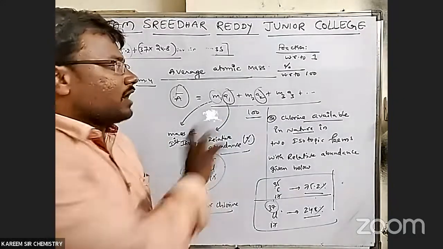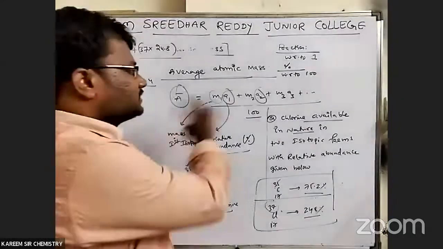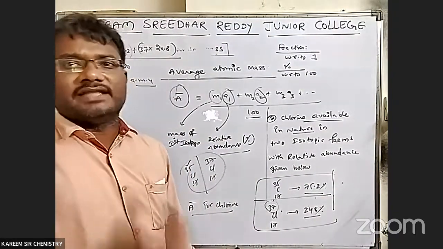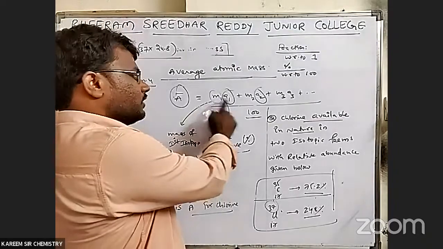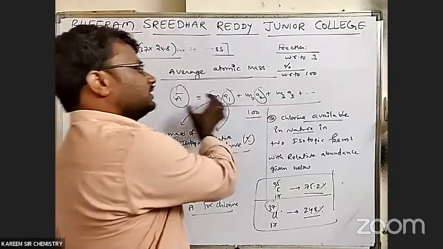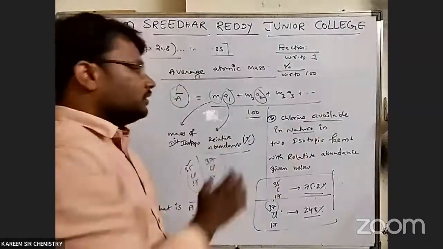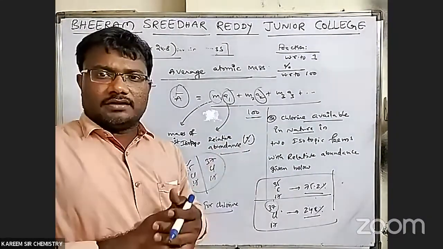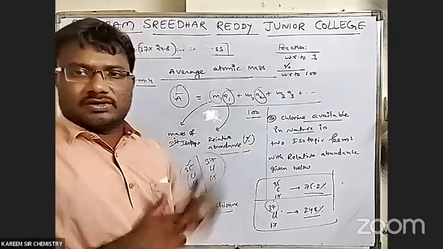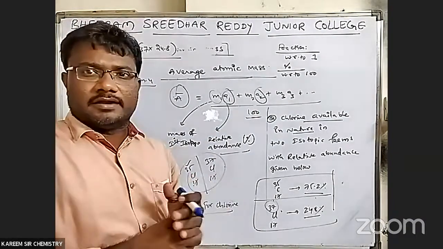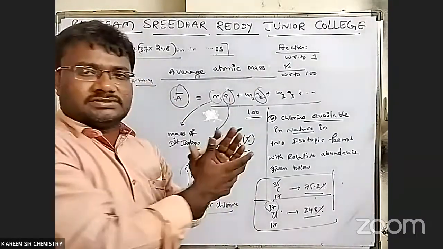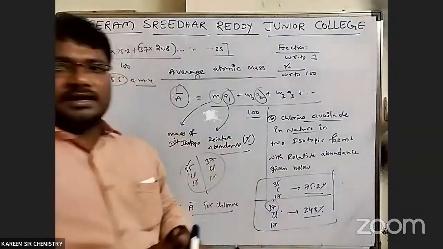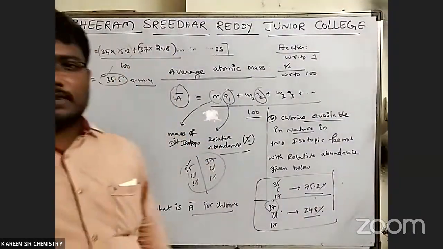So the formula is M1A1 plus M2A2 and so on, for as many isotopes as there are, divided by 100, because the sum of all percentages should be equal to 100. Percentage means with respect to 100. So all isotope abundances add up to 100, that's why we divide by 100. Then you will get the average atomic mass.